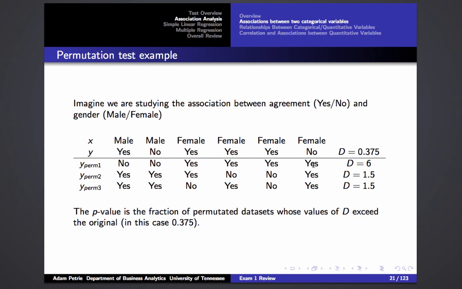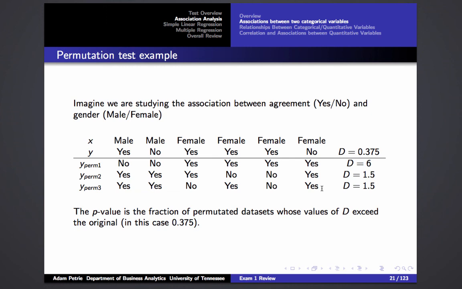And we can calculate the discrepancy by making the contingency table, comparing that with the table of expected counts. And in this case, we would get a discrepancy of 6. Doing this again, randomly reordering the values of y to get a second permuted data set, our value of d would be 1.5. And if we were to do that again with this rearrangement of y's, we would also get a d of 1.5 here.